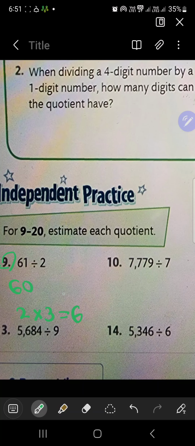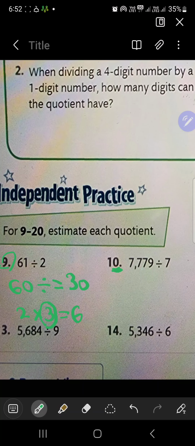So I'm saying 6 and make the 1 a 0, so that the nearest number to 61 is 60. So 60 divided by 2 equals 3 and add a 0. Let's do question 10 as well.